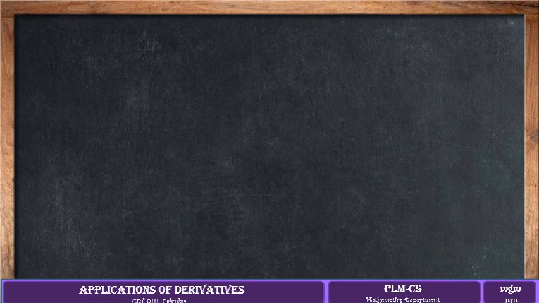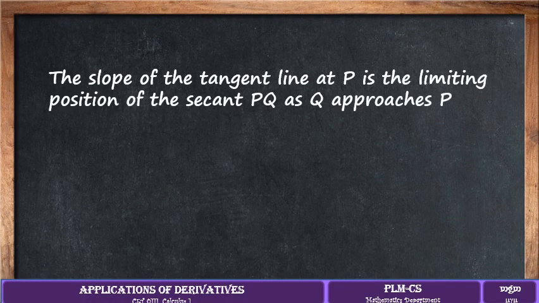Since, as mentioned earlier, the slope of the tangent line at P is the limiting position of the secant PQ as Q approaches P, that is, as delta x approaches 0.